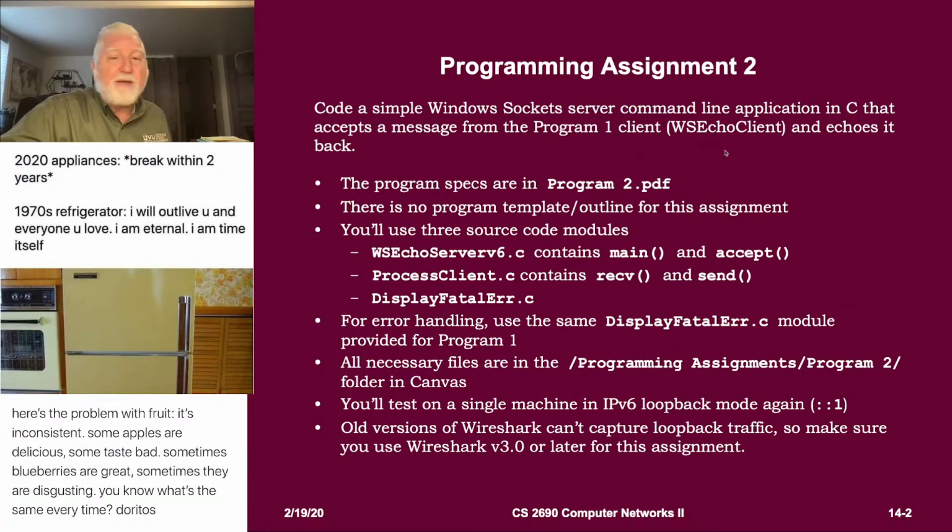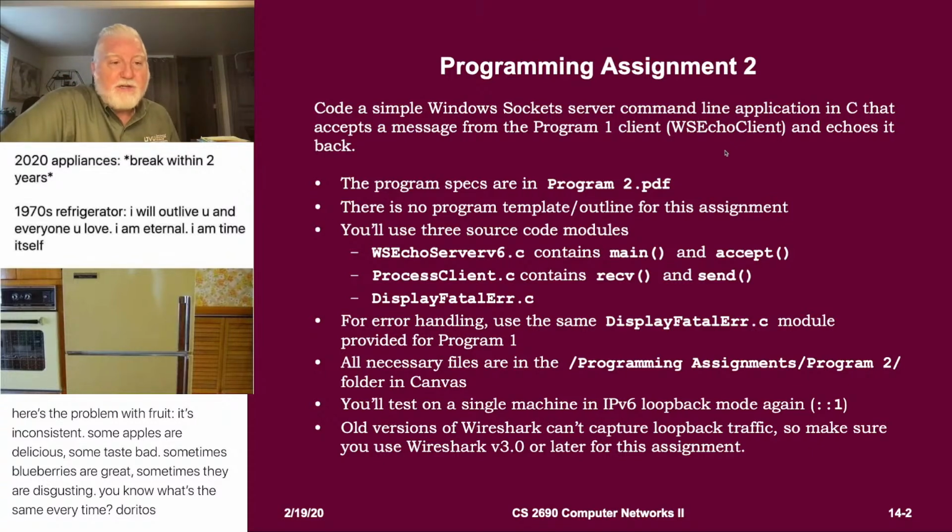This is programming assignment 2. We already talked about it, so this is just where it lives, okay? Programming assignment 1, if you remember, was to write the client and talk to the server on the back end, and we provided the server. What you're going to do next is redo the server, so that you accept a message from the client that you wrote.